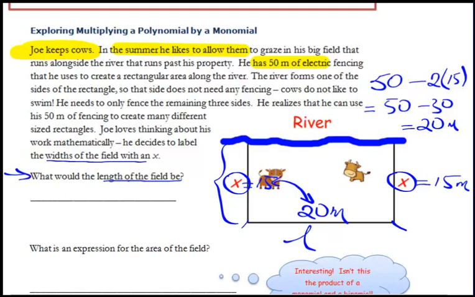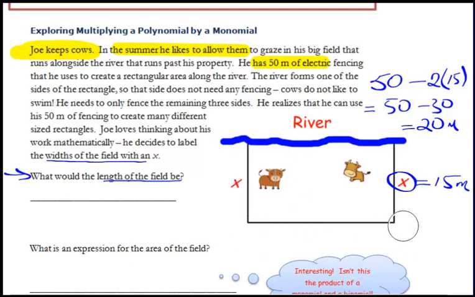Now, instead of picking a specific example of the width of the field being equal to 15, what if we just leave it as an X? Well, look at what we had here. When X was 15, we had 50 minus 2 times 15, which was 20 for the length.